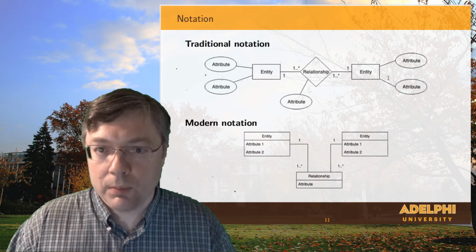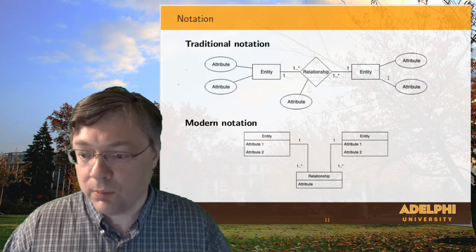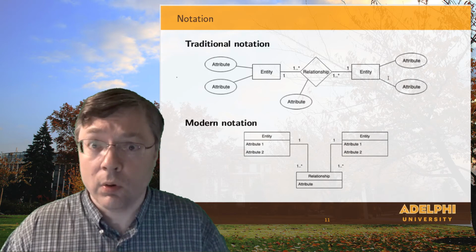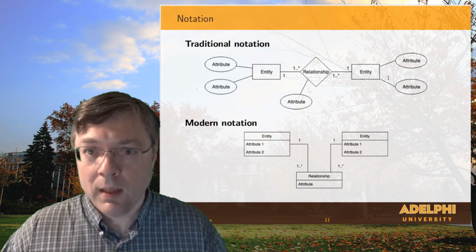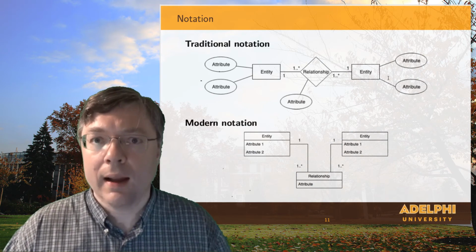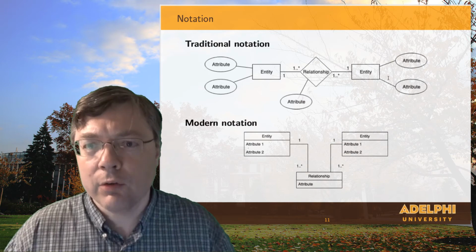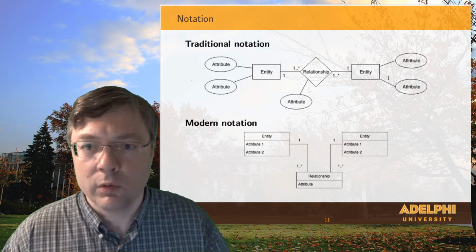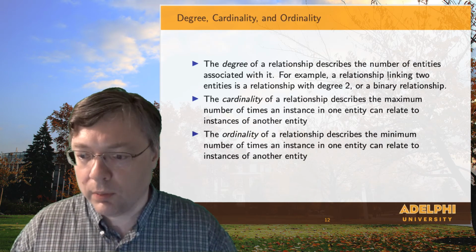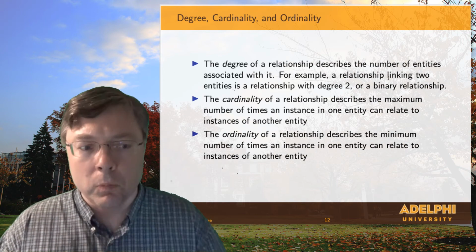The relationship on the bottom has 2 entities, therefore it is a relationship of degree 2 or a binary relationship. We like binary relationships. When we see higher degrees, ternary relationships, etc., down the road we want to get rid of those. They don't fit very nicely in our relational model, but if we recognize them at this stage, at conceptual modeling, that's fine.